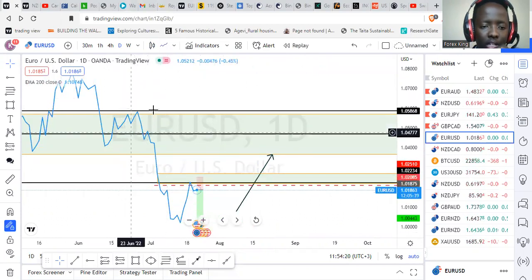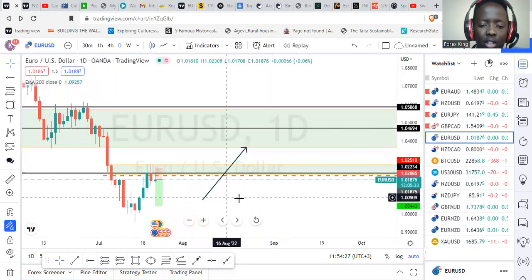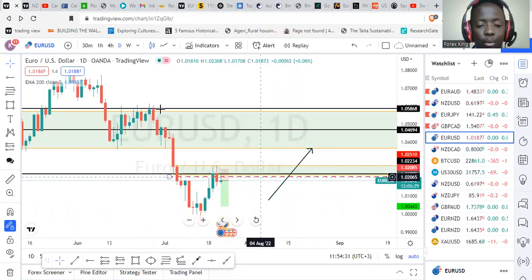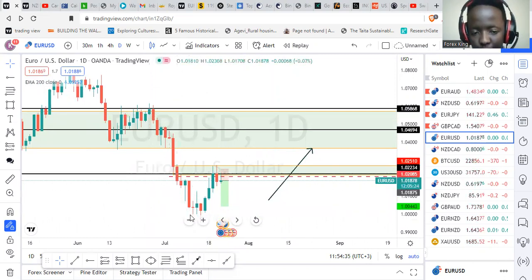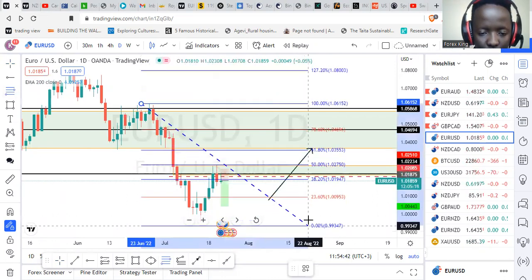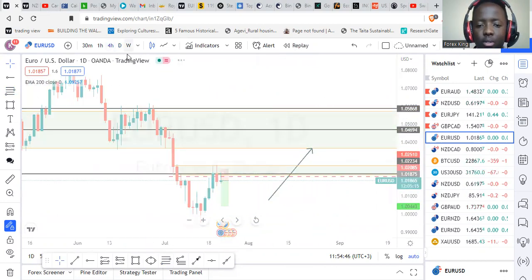We have one here, and the other one here, where we have quite the entry point, quite the opportunity to execute on this specific pair. We have a strong bearish impulse towards the downside, then exhaustion. I think it was a clean 38.2 exhaustion, coming down to the H4 time frame.